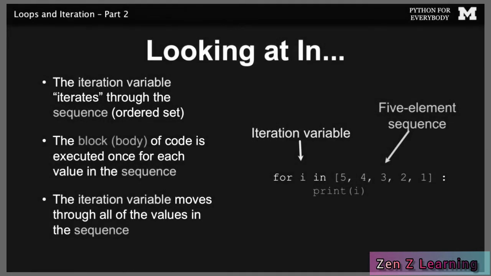I think it's basically saying for each of the values in 5, 4, 3, 2, 1, have I take on the successive values and run that loop one time. And that's the in. I think the in is a well thought through Python keyword, because that's how I think of it. If you're a math person, think of it as the member of function. I think that's the member of. Boy, it's been a while since I did set theory. I think that's member of.